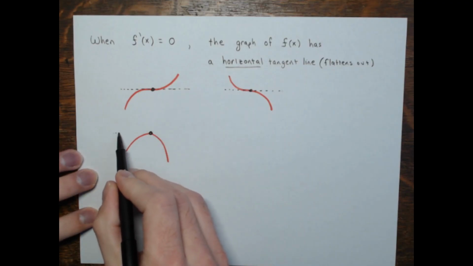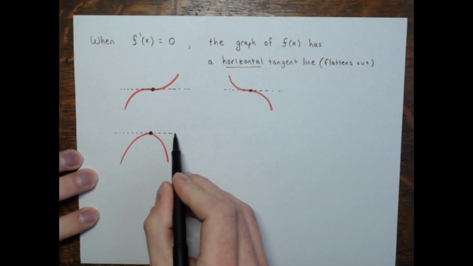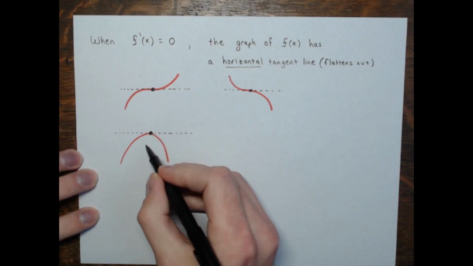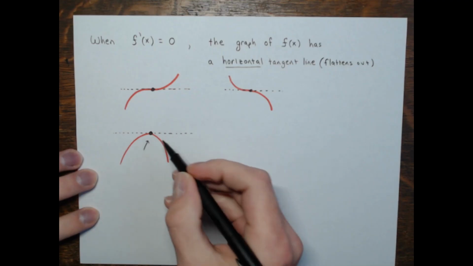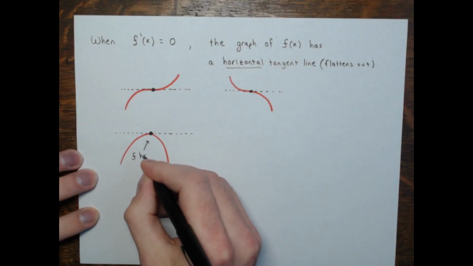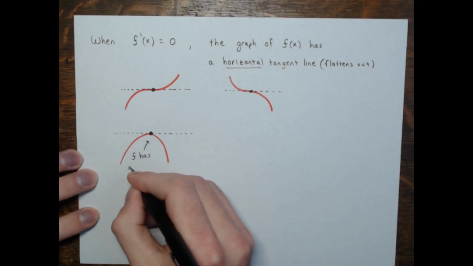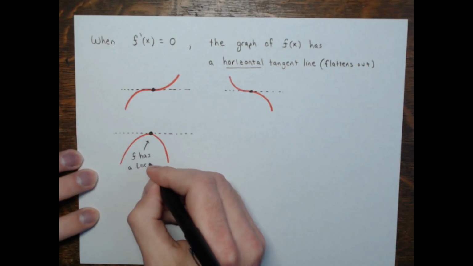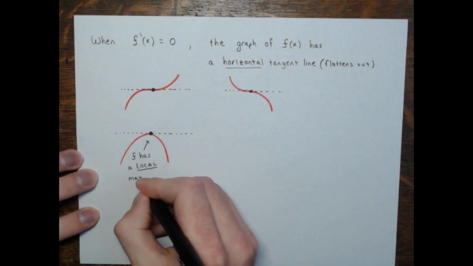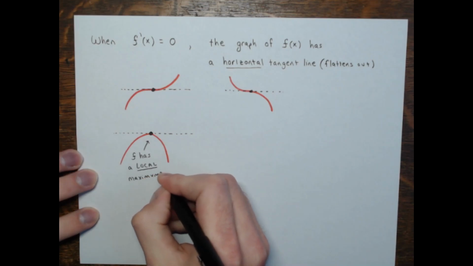So again, nice flattening out, top of a hill type situation. So remember, at a point like this, they would say the function f has a local maximum value at a point like this. I'll just say a local maximum.